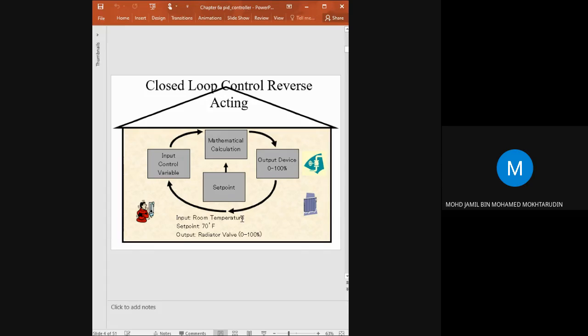So the aircon will stop producing more cooling to allow the temperature in the room to increase back to 24 degrees Celsius. And if the room temperature increases more than 24 degrees Celsius, then the sensor will detect the increment and will tell the air conditioner to start cooling so as to reduce the temperature back to 24 degrees Celsius. So here we have a sensor and also a controller that can measure the error difference.